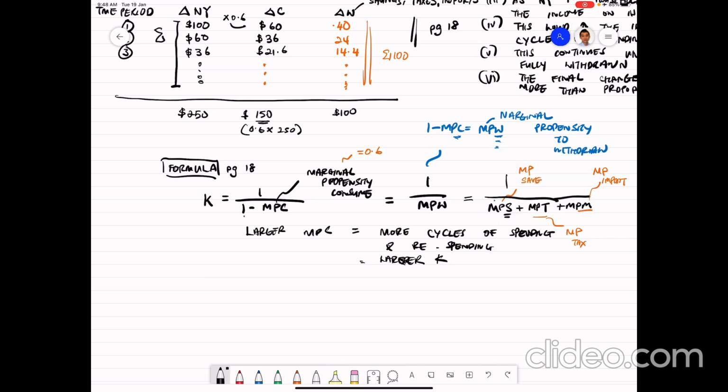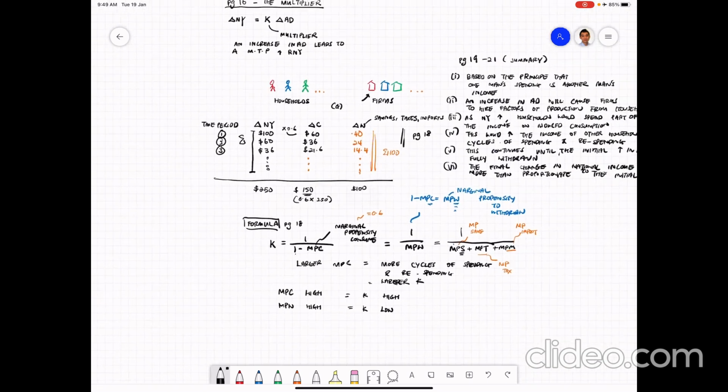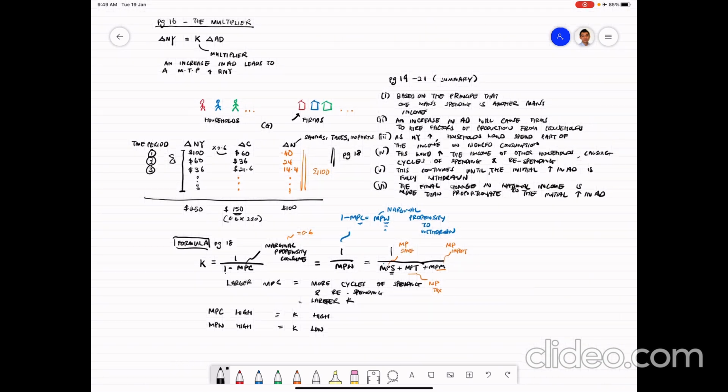When the MPC is high, K is high. And when the MPW is high, K is low. So that makes it for the multiplier process.